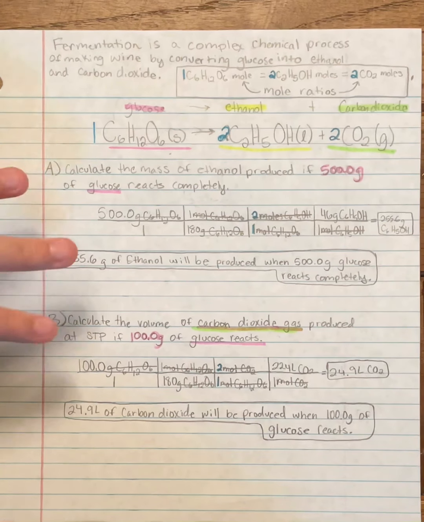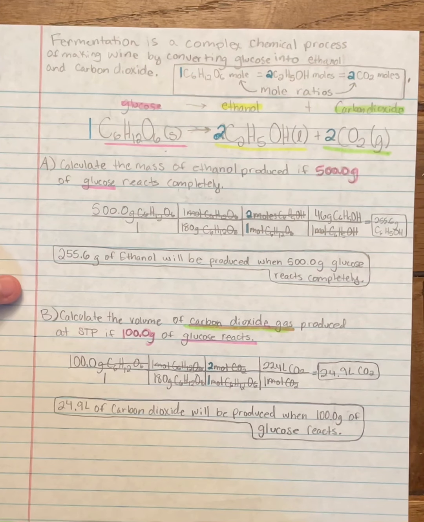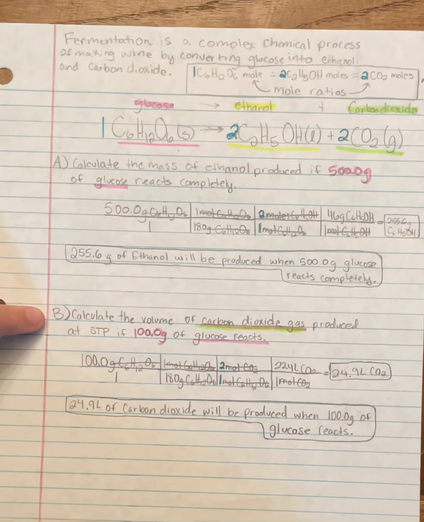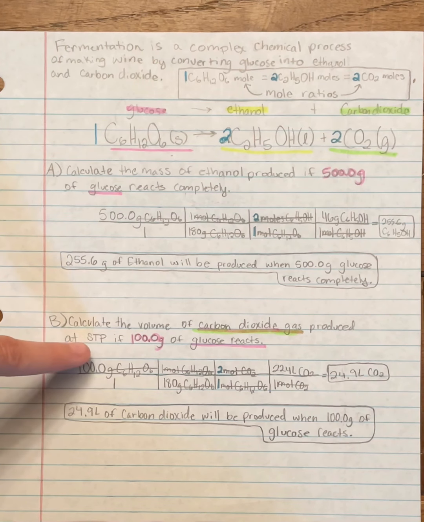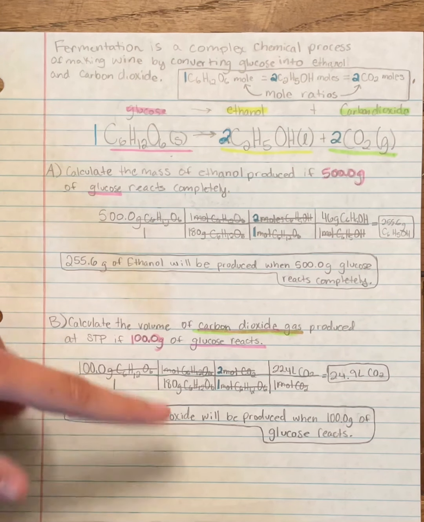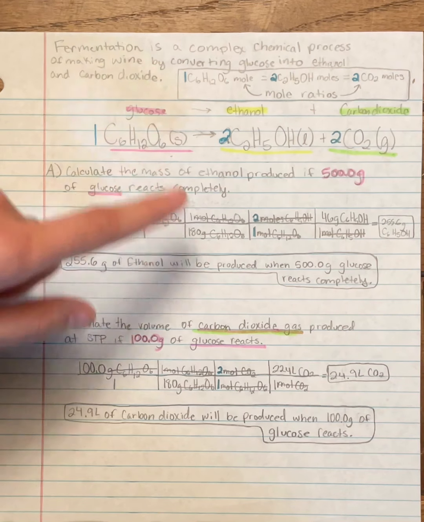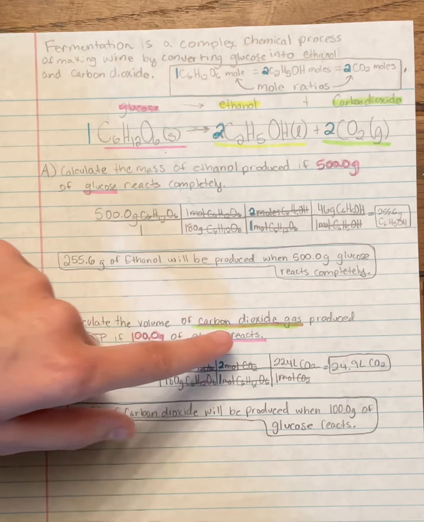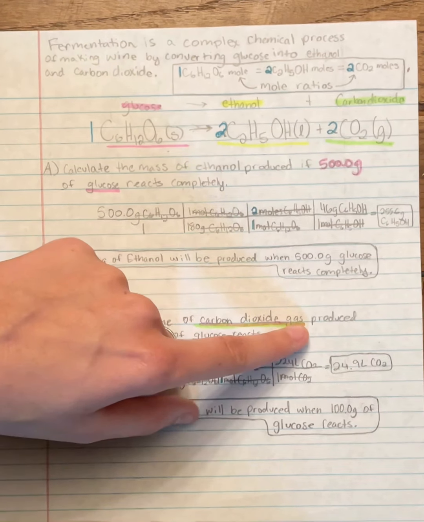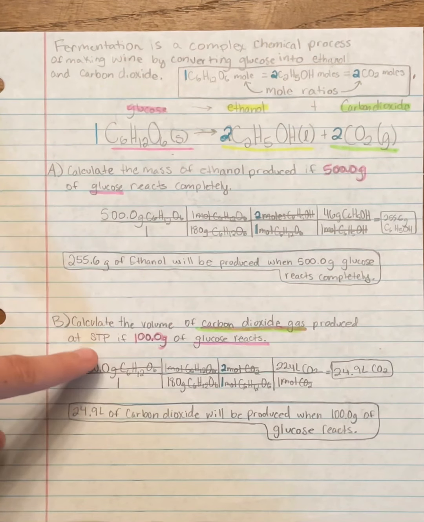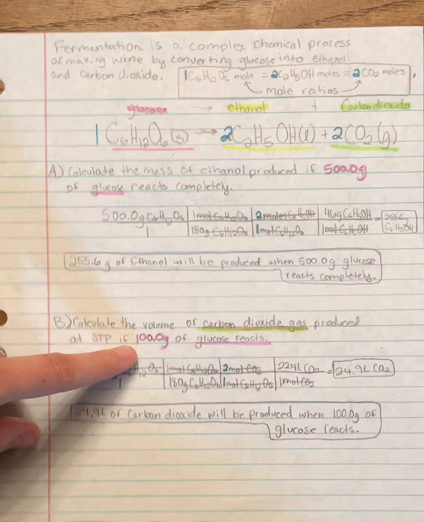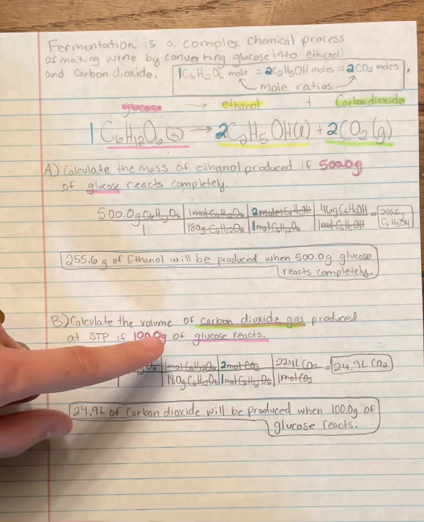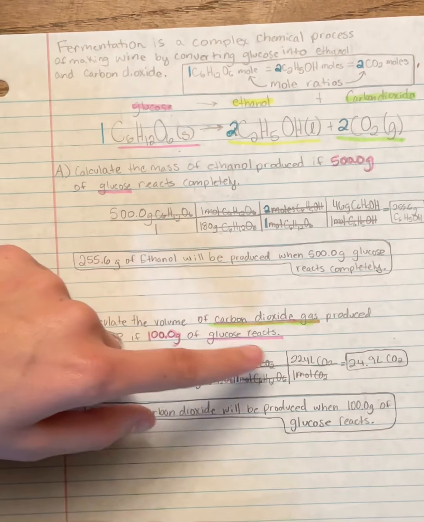Now that we're done with our little warm-up, question A, now we can move to question B. So we need to calculate the volume, so liters, because mass was grams, so volume must be liters. We need to calculate the volume of carbon dioxide gas, which is the CO2, produced at STP if 100.0 grams of glucose reacts.